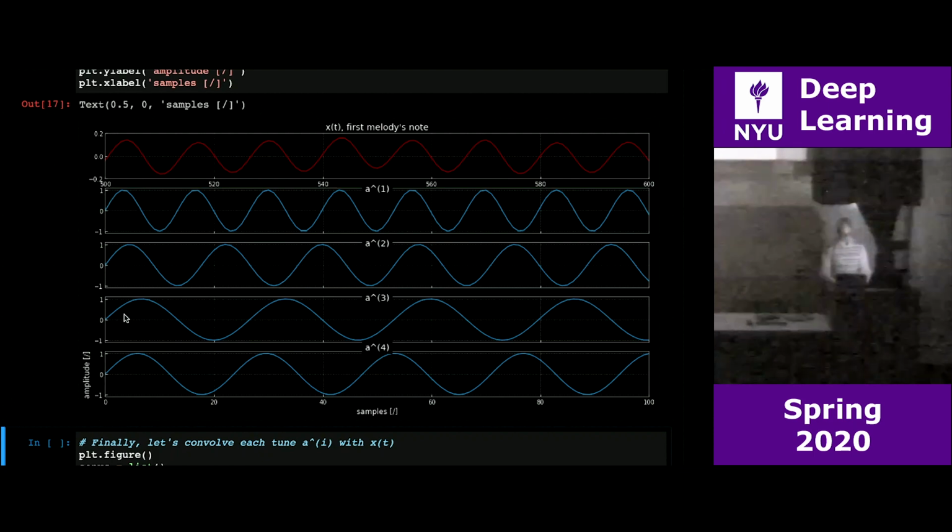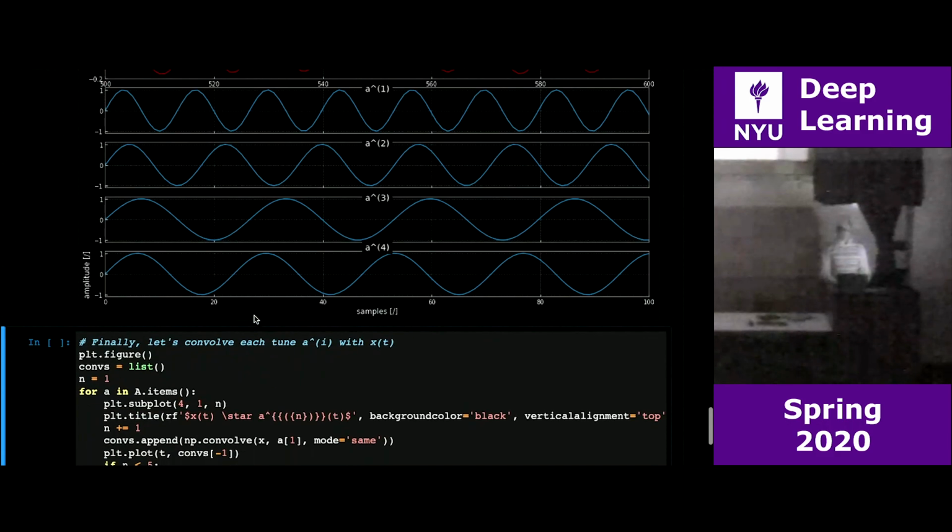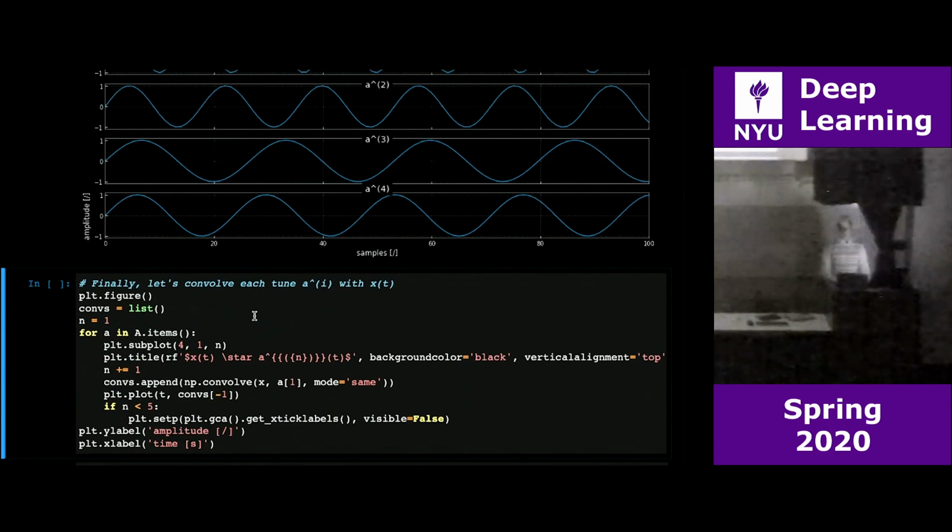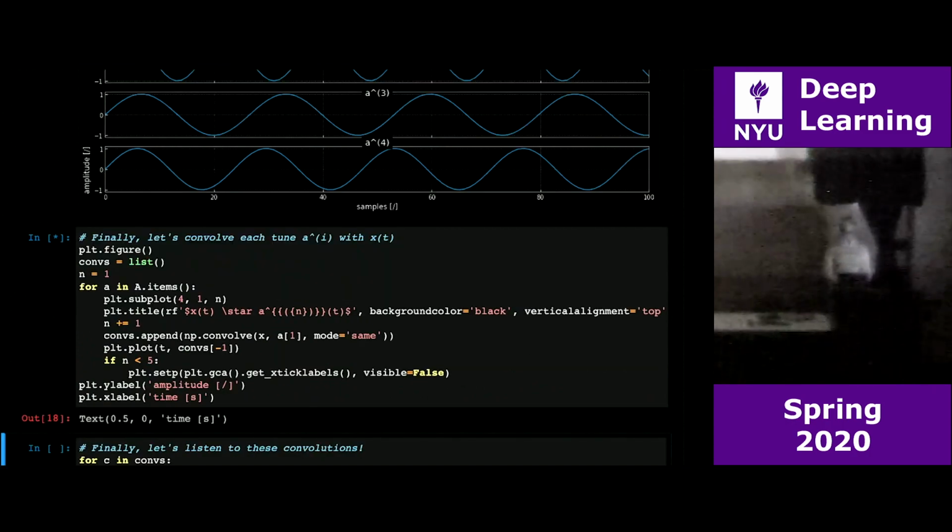And so this one instead, the third one, you can see that the period starts here and finishes here. If you go up here, you're going to see exactly there were two of these, right? That's how you can see this is twice the frequency of the one below. Finally, I'm going to be performing the convolution of these four kernels with my input signal.